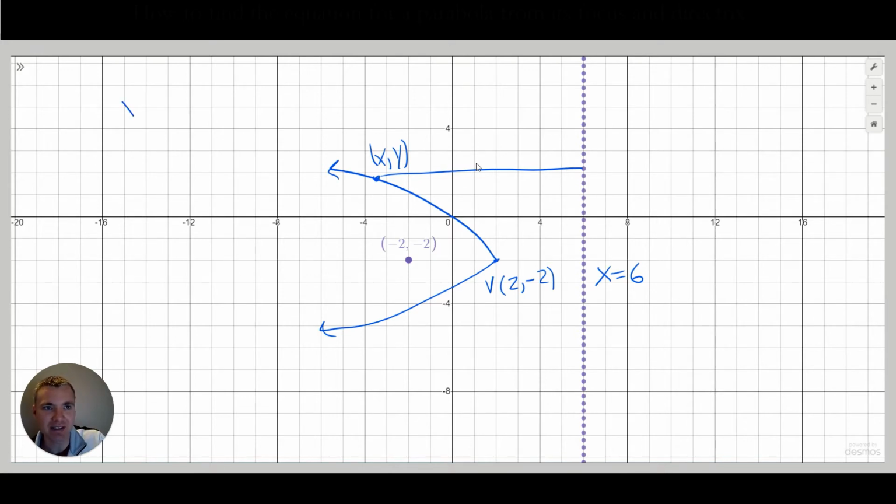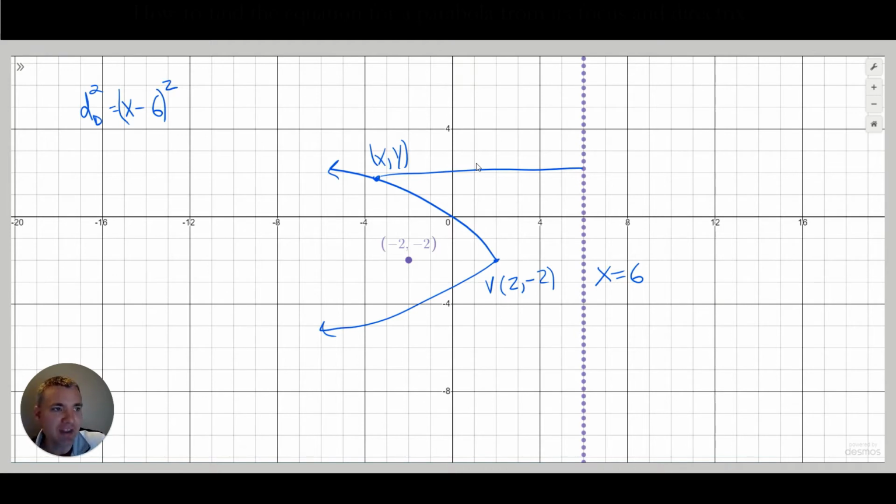So x minus 6. And I'm going to worry about the square of it, so I don't have to worry about absolute values. That distance squared would equal (x minus 6) squared.